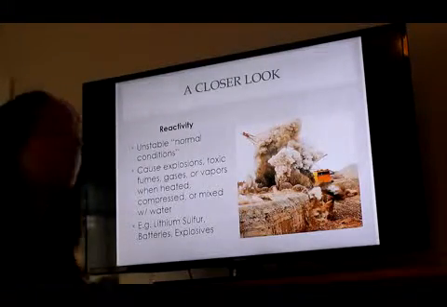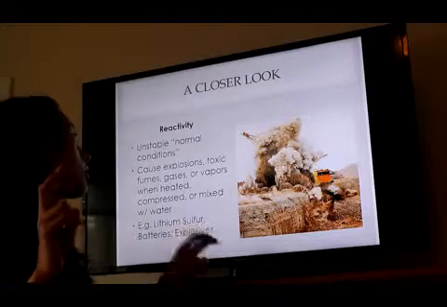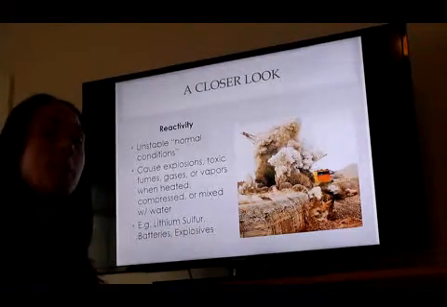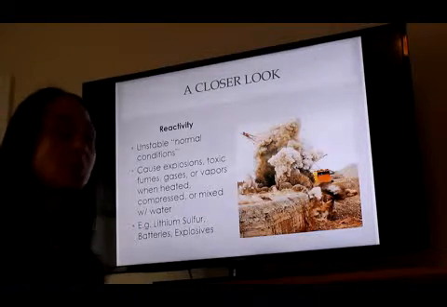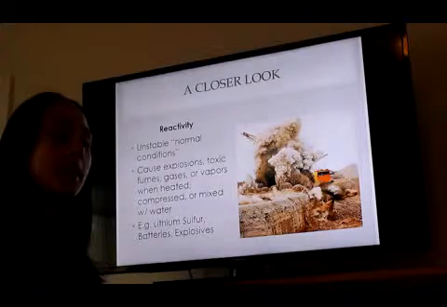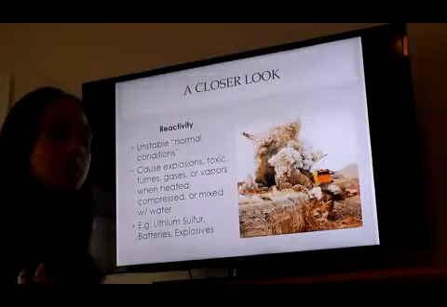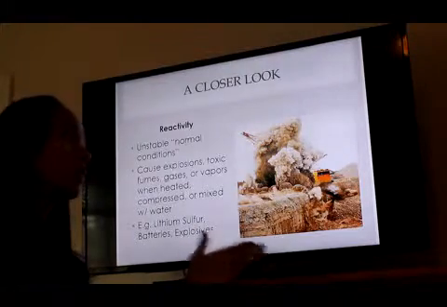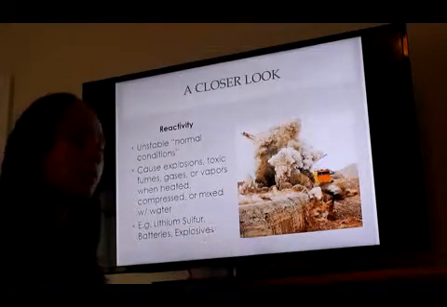Reactivity is unstable under normal conditions, causes explosions, toxic fumes, gases, or vapors when heated, compressed, or mixed with water. An example is lithium, sulfur, and batteries or explosives. And in this picture I have an example of a mining site where you would definitely find explosives.